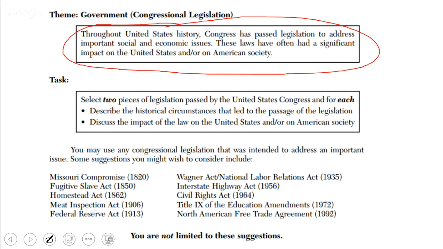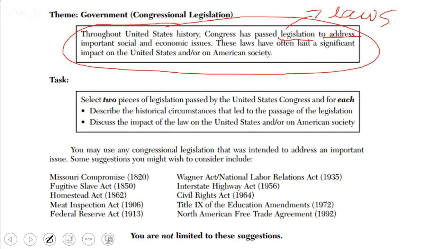Throughout U.S. history, Congress passed legislation to address important social and economic issues. When we say legislation, we mean laws. Address means solve. Solve the important social and economic issues, or we say problems.